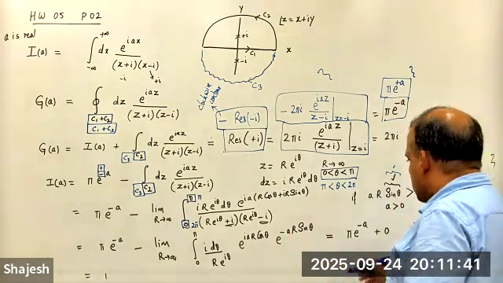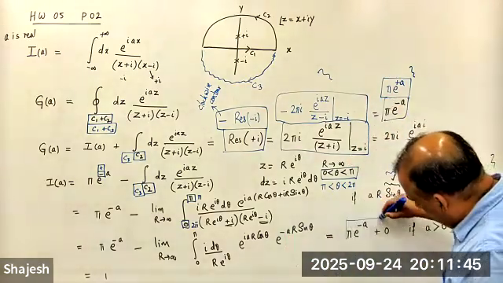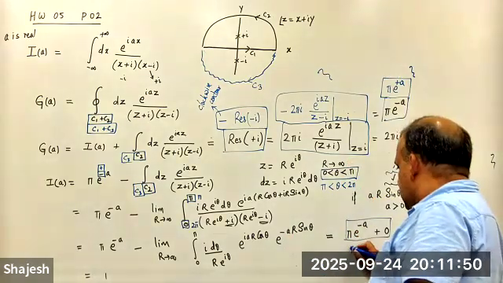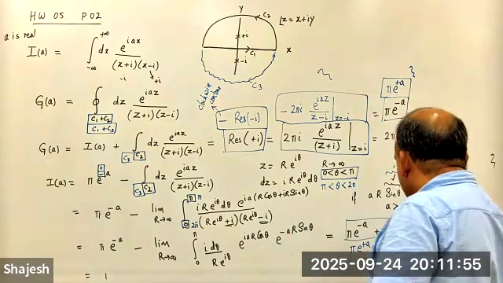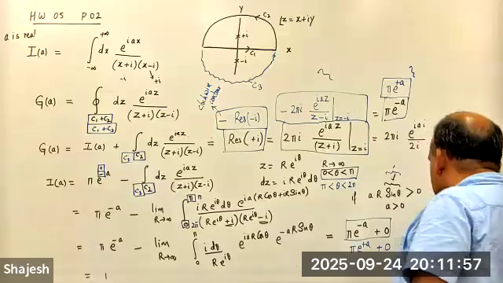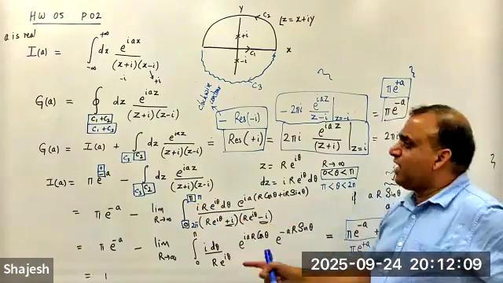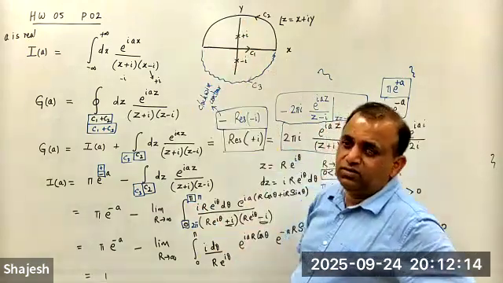So this whole answer now will be equal to pi times e raised to plus a plus 0 if a is less than 0. Is that clear how everything remains the same because all the substitution is still on the unit circle?